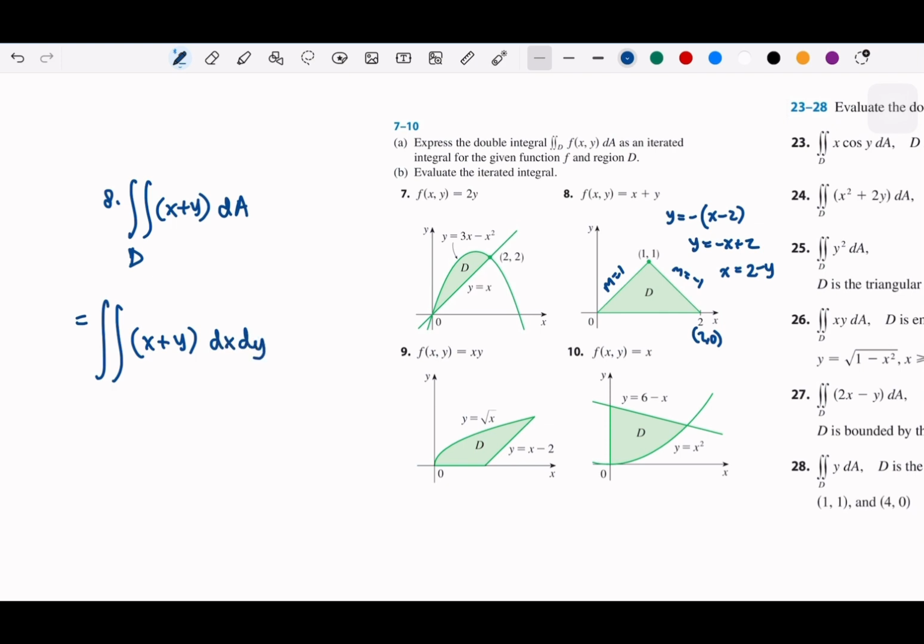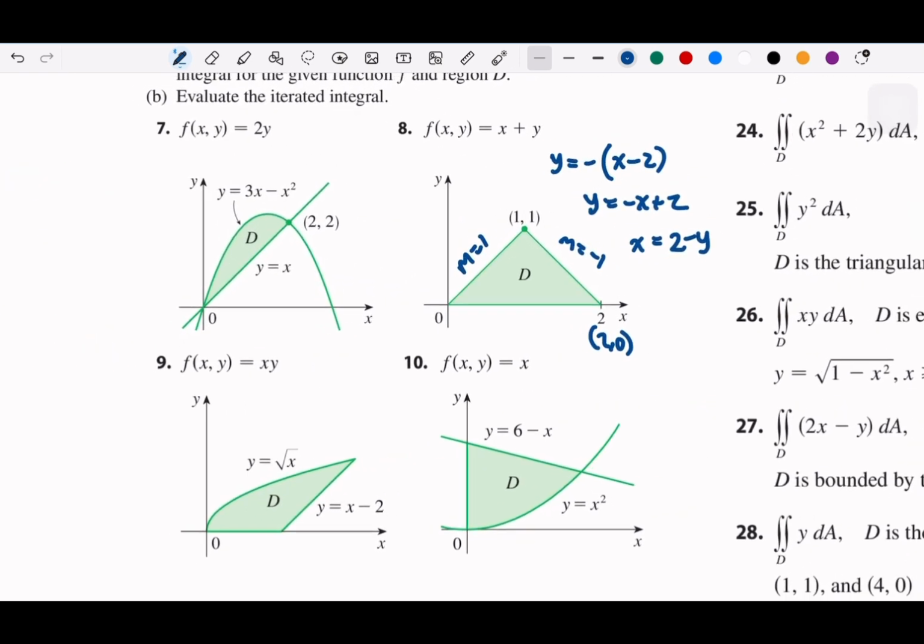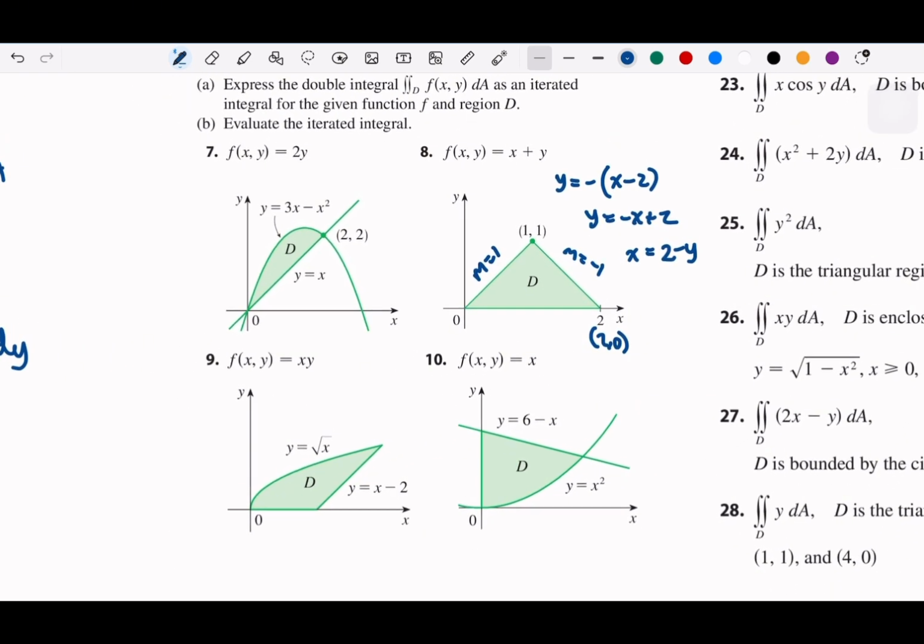If we start from this, one boundary is y equals x, or x equals y, and the other is x equals 2 minus y.